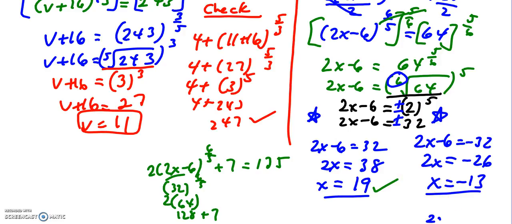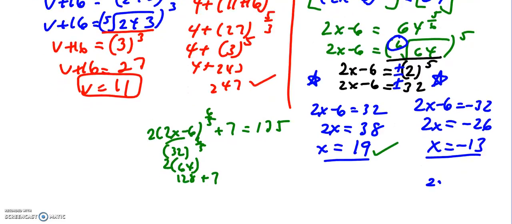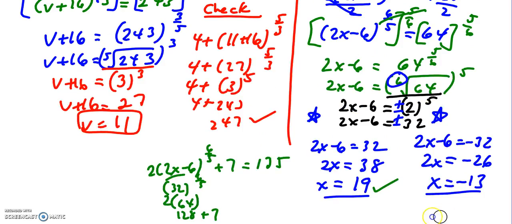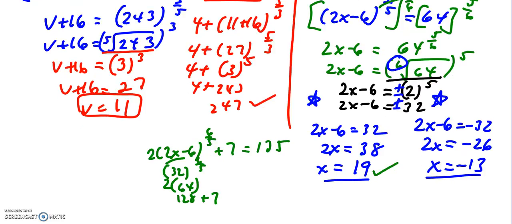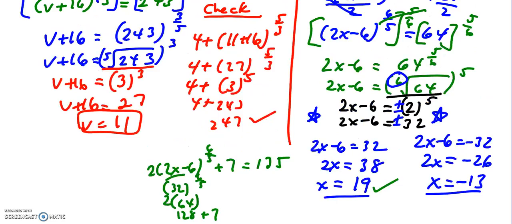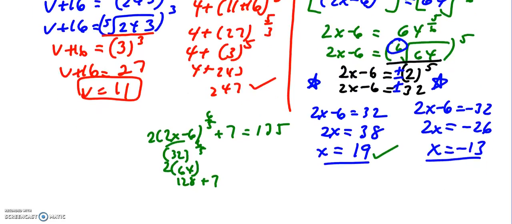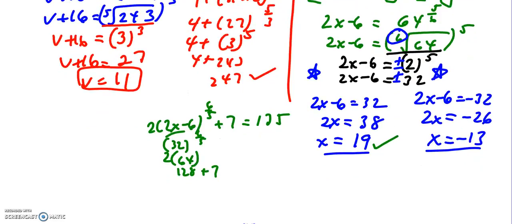Negative 13, let me scroll down a little bit here. If I would like to try this one with negative 13, I don't know why that keeps doing that. That is really annoying. So if I want to do 2 times negative 13 minus 6 to the 6/5 plus 7, that again should be 135. So 2 times negative 13 is negative 26.